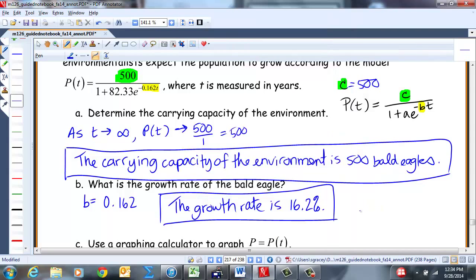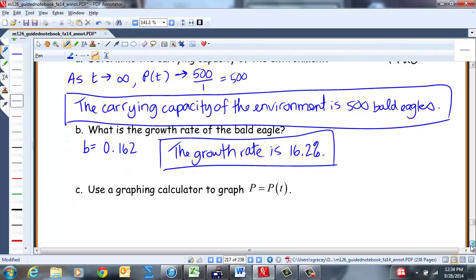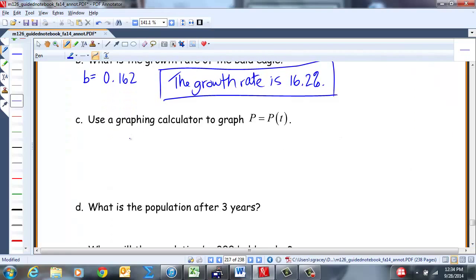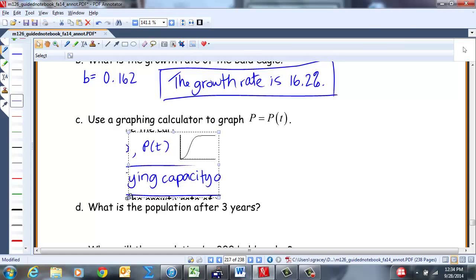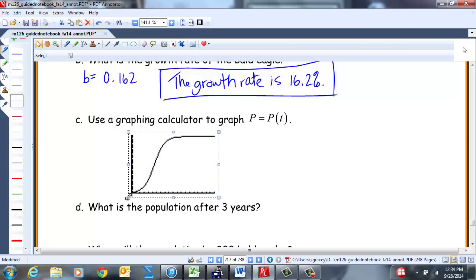I like the graph of the logistic model. I know I'm dorky. All right. So here's our model, and then put our scale in. So we went from 0 to 100, and from 0 to 510.